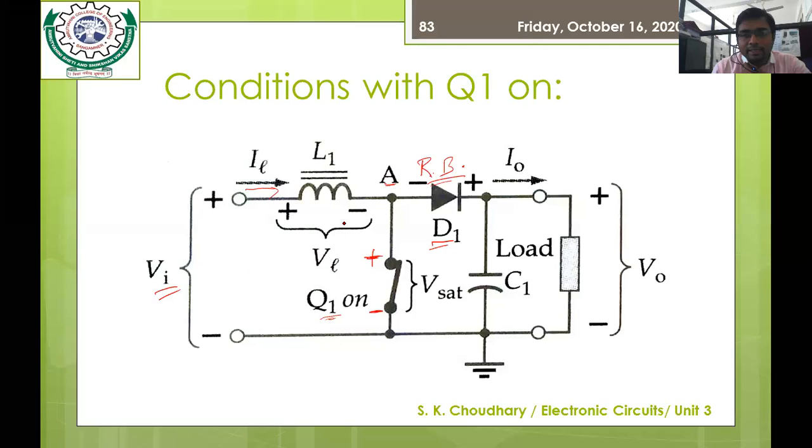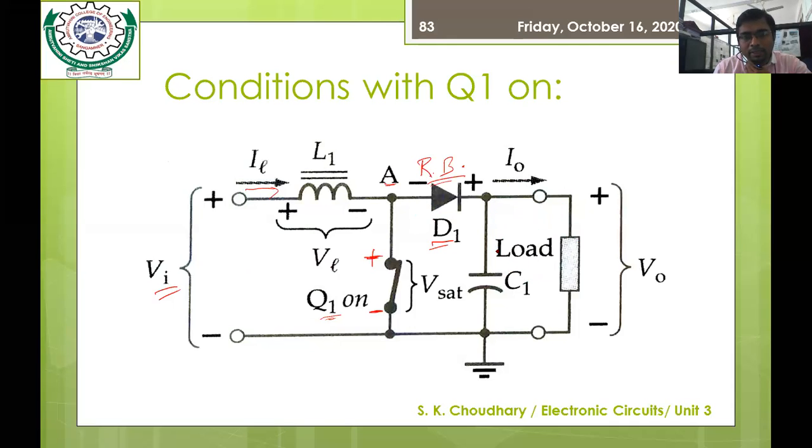So in this condition it acts as an open circuit, and the remaining network is the output network, where we have C1 and the load. The voltage across the load is V0, a fixed DC output voltage, and the current I0 keeps flowing across this load.